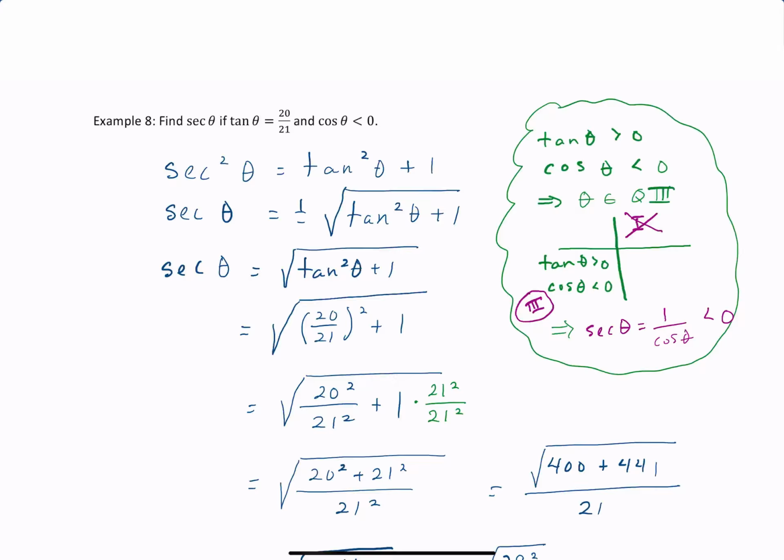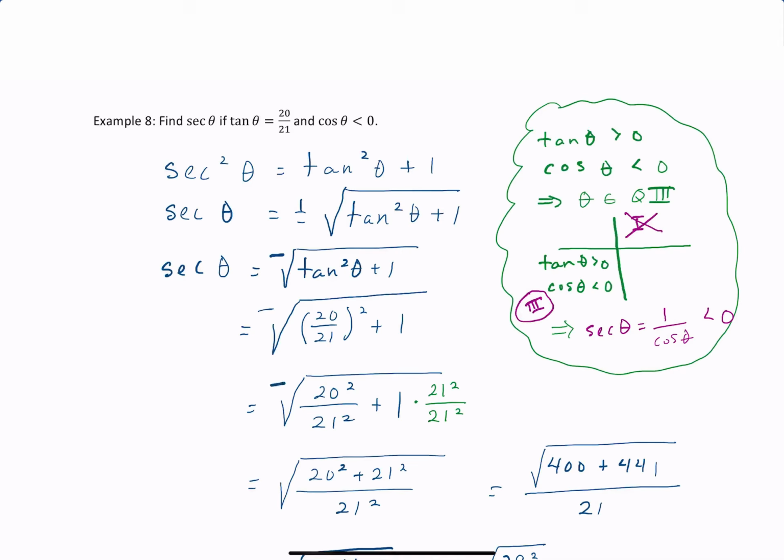We have secant of theta is the negative square root of tangent squared theta plus 1. So that's minus the square root of 20 over 21 squared plus 1.